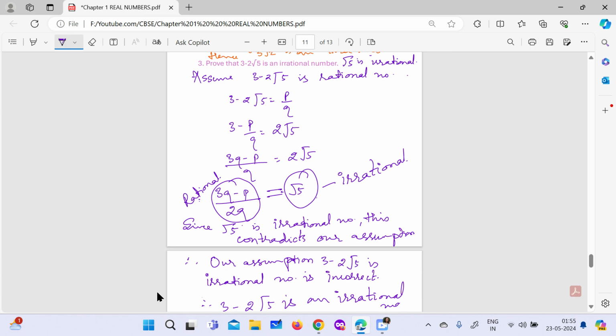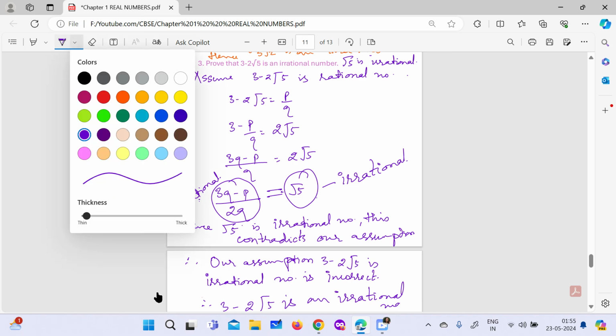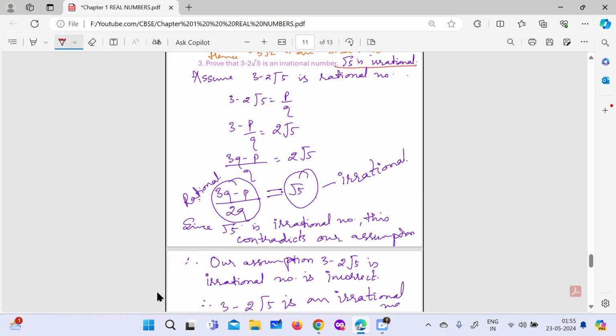Now I will sum up this question again. Prove that 3 minus 2 root 5 is an irrational number. In your question, they might give you that root 5 is irrational, or might not. Then you have to assume that 3 minus 2 root 5 is a rational number, as we are proving this by the method of contradiction.